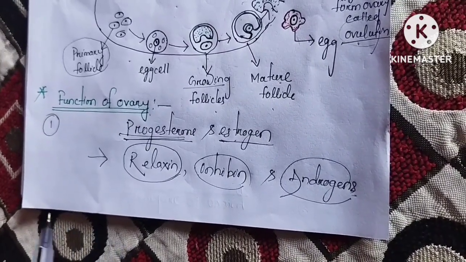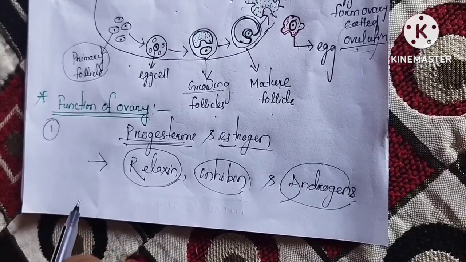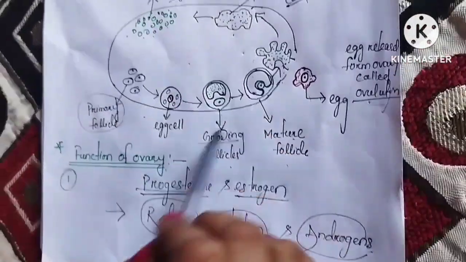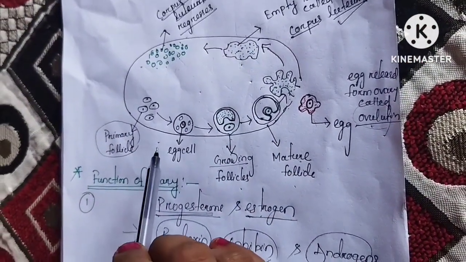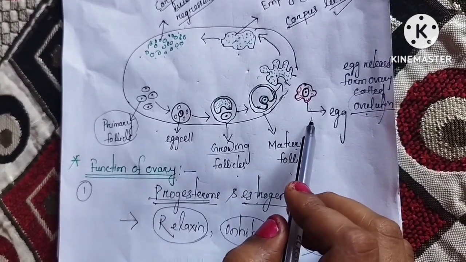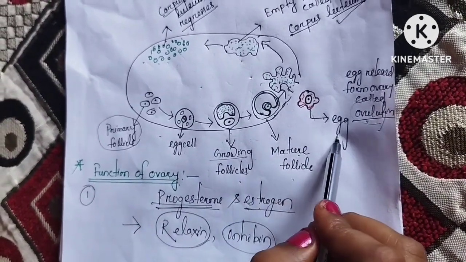In the ovary, oogenesis occurs and forms the ovum or egg.